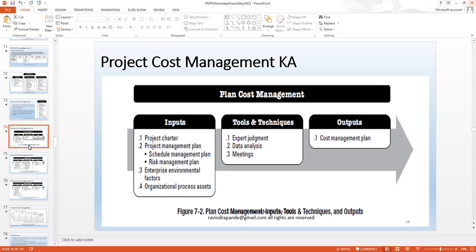The tools and techniques: we can use expert judgment, data analysis, and meetings. Expert judgment, as we have seen, we have something called financial controllers to help us out in navigating through the really cryptic financial calculations here. There are various calculations we're going to see in a couple of slides, where we'll understand what is project start cost, what is project plan value, what is project actual cost at this moment, what is the plan cost based on the actual cost, and so on and so forth.